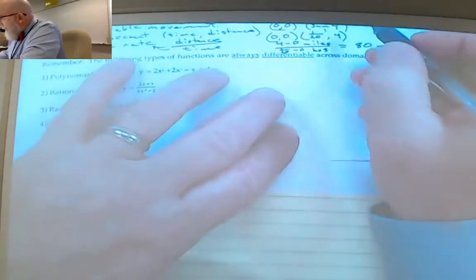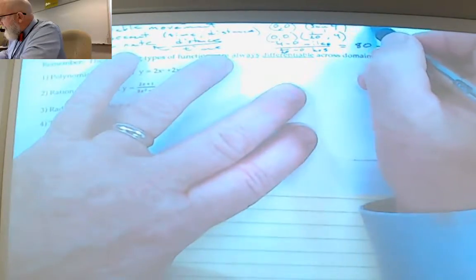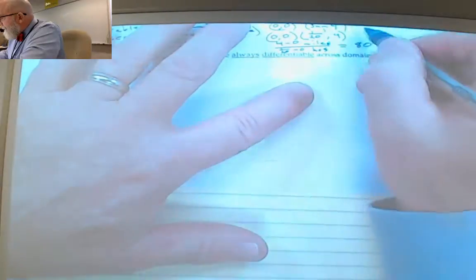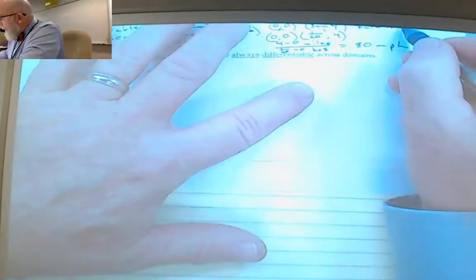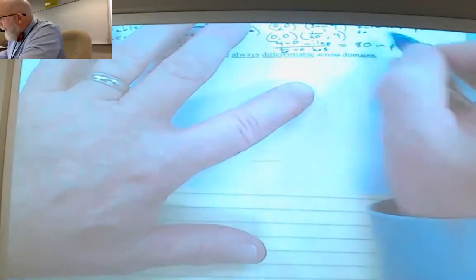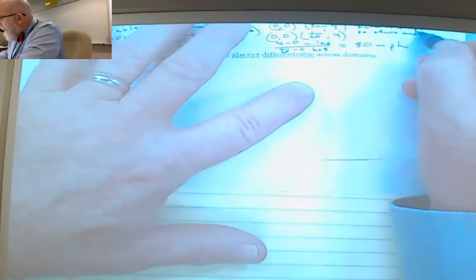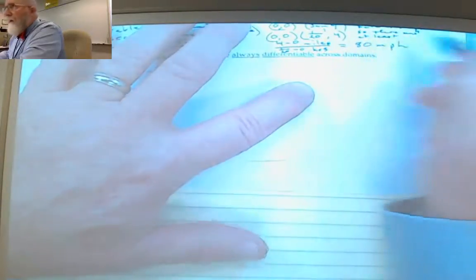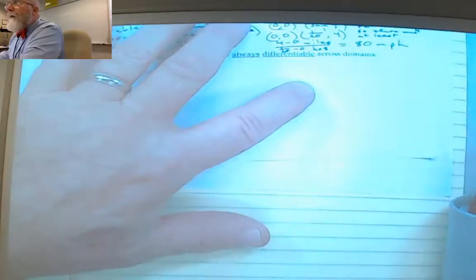So my average rate is 80 miles per hour. So there must be at least, right? Everybody understand why it must be at least? Could be multiple times, right?